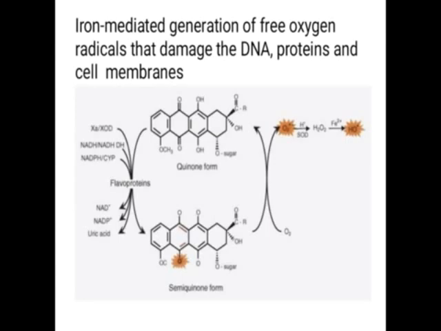So they are responsible, as we have already told, they act by intercalation as well as they produce activity by alkylation. Okay, so what it does, they enter into the electron transport chain, or you can say it is called the ETC. And during the ETC, what happens? Oxygen is converted into the oxygen radical.